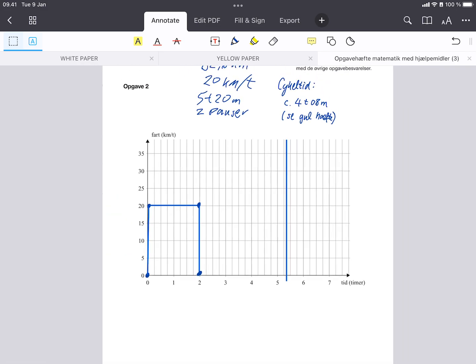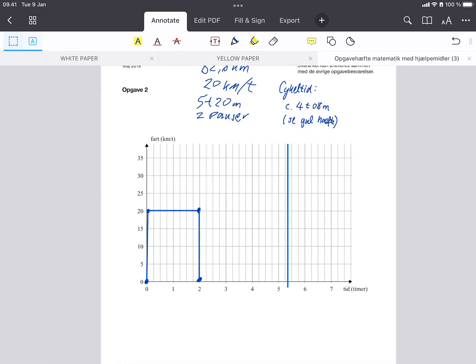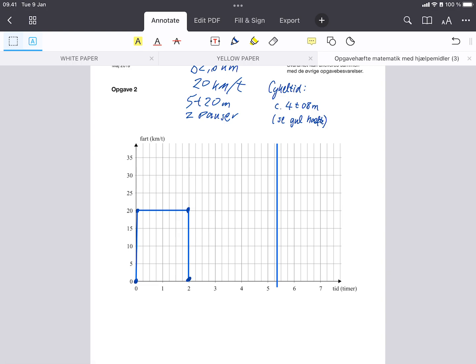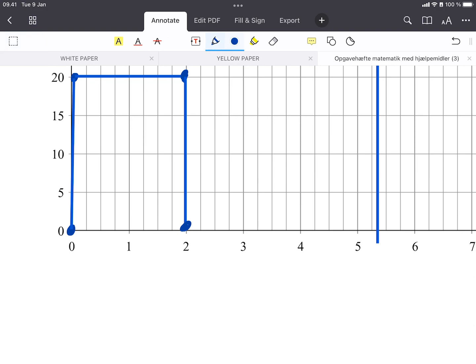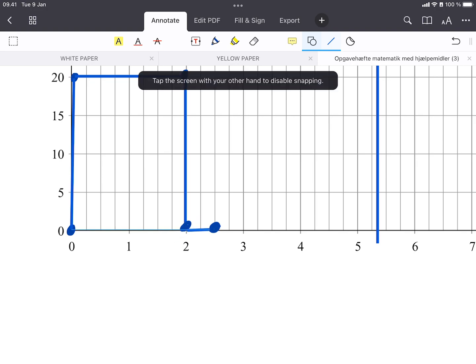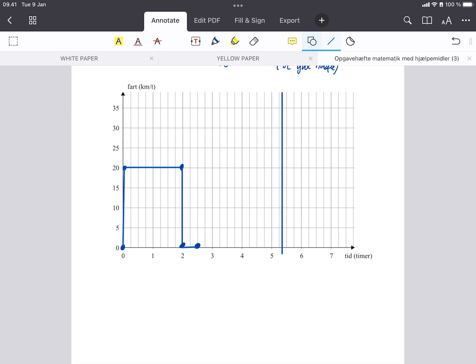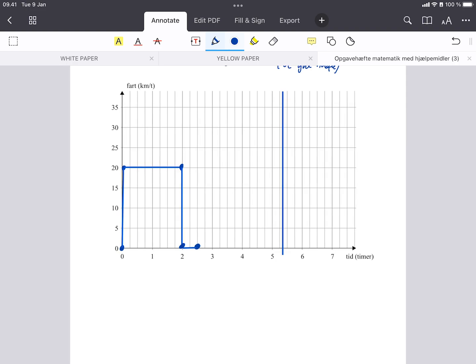Okay, so I think I decided they were going to cycle for 4 hours and 8 minutes, didn't I? So let's give them an hour there. Let's give them a little break of, I don't know, half an hour there. And then let's have them accelerating up to 20 again in almost no time.